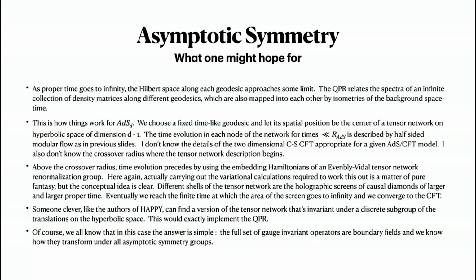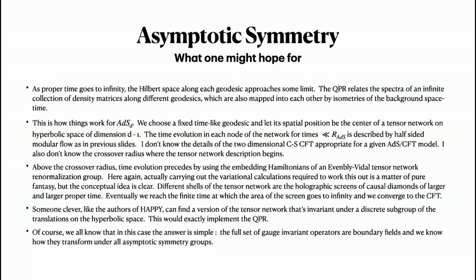Each shell of the tensor network is the base of a causal diamond of some fixed proper time in anti-de Sitter space, and the Evenbly-Vidal tensor network renormalization group should be thought of as the time evolution along that time-like geodesic. Now, actually carrying out their renormalization program for any realistic ADS-CFT model is a total fantasy. Nobody's ever going to do it, but the conceptual idea is very clear.